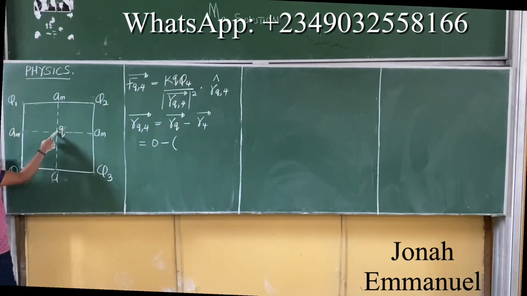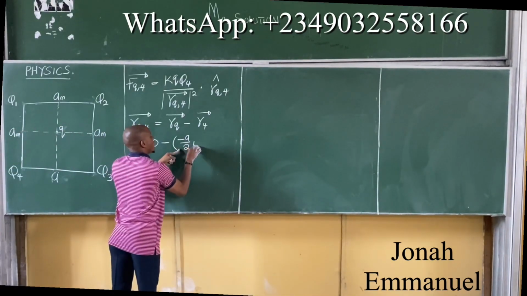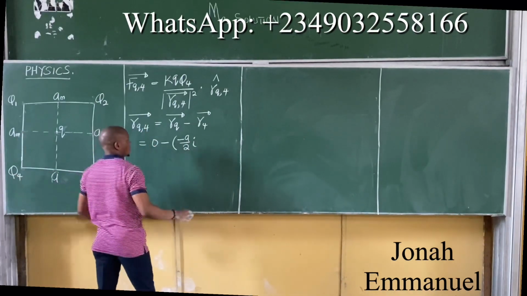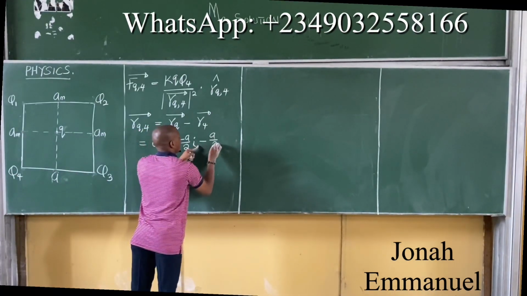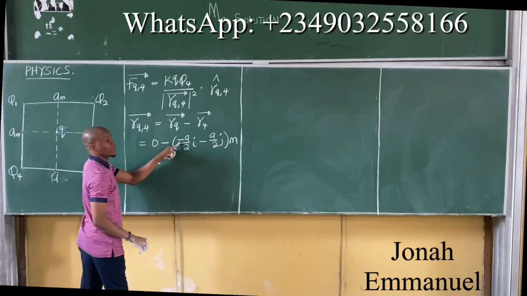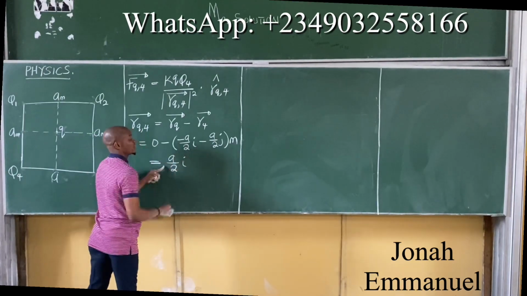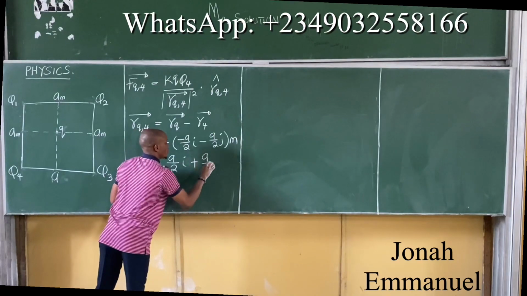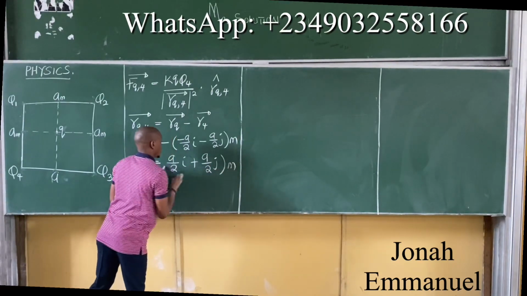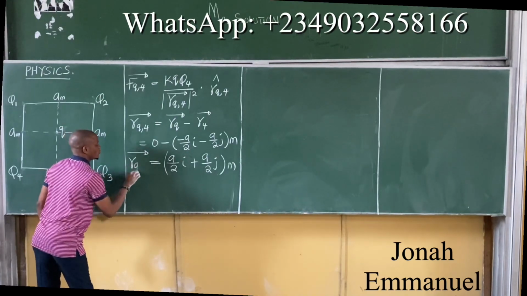We go to X and then Y, so I'm going negative X. Here to here is A over 2, so it becomes minus A over 2 I. From here coming down becomes minus A over 2 J, all in meters. If I work this out, minus to this becomes positive. So I'm having A over 2 I plus A over 2 J, all in meters. Here becomes the position vector of RQ4.